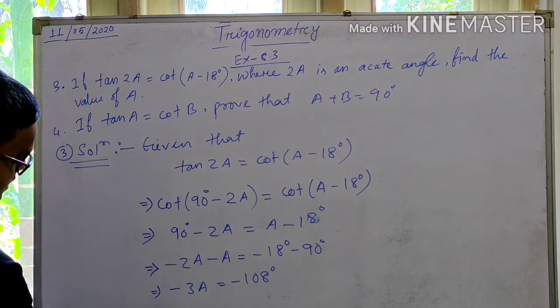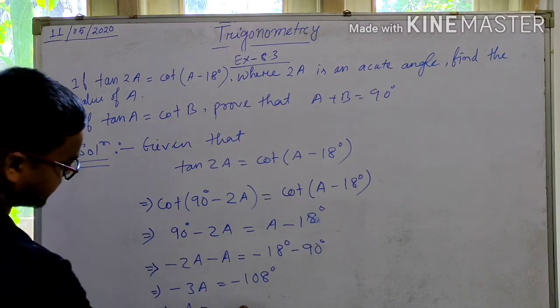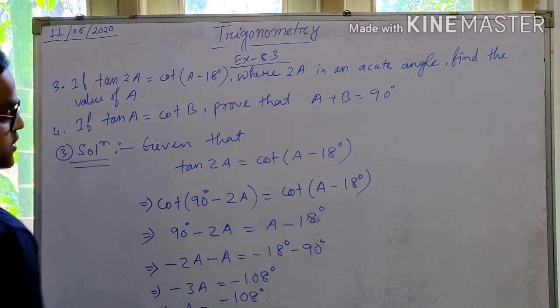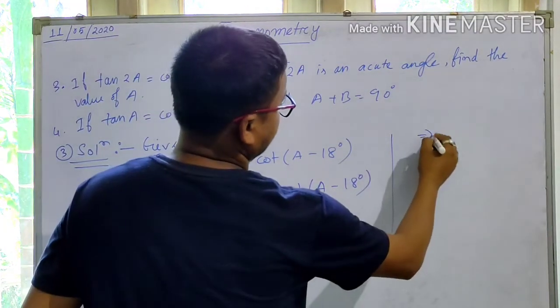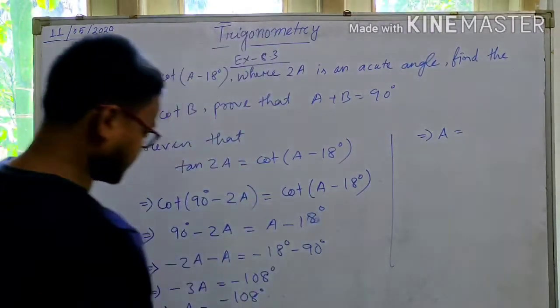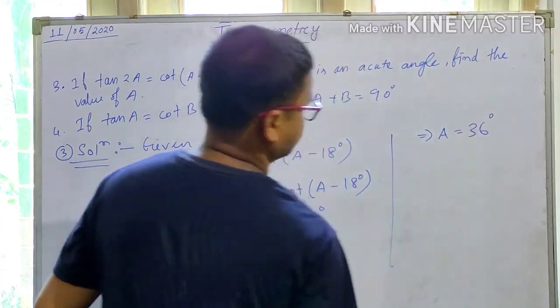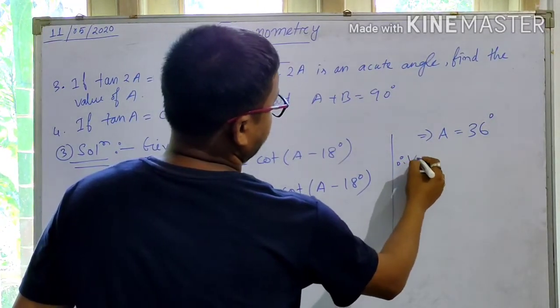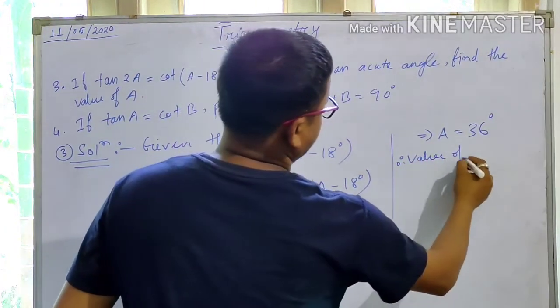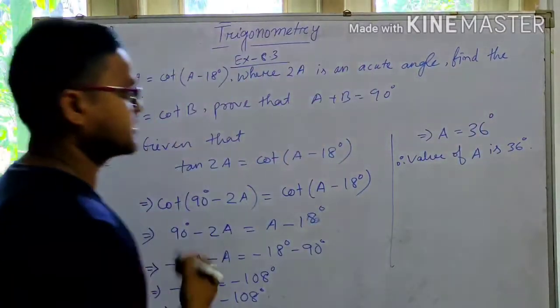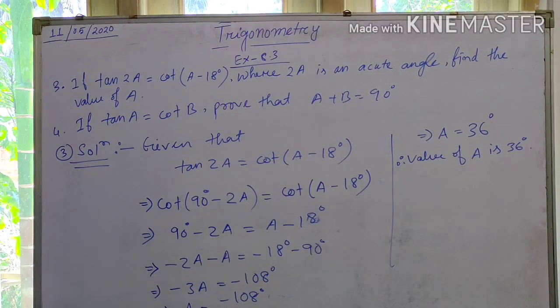So finally A is equal to minus 108 degree divided by minus 3. You divide this, 3 3s are 9 and 3 6s are 18, that is 36 degree. Therefore the value of A is 36 degree. Clear?